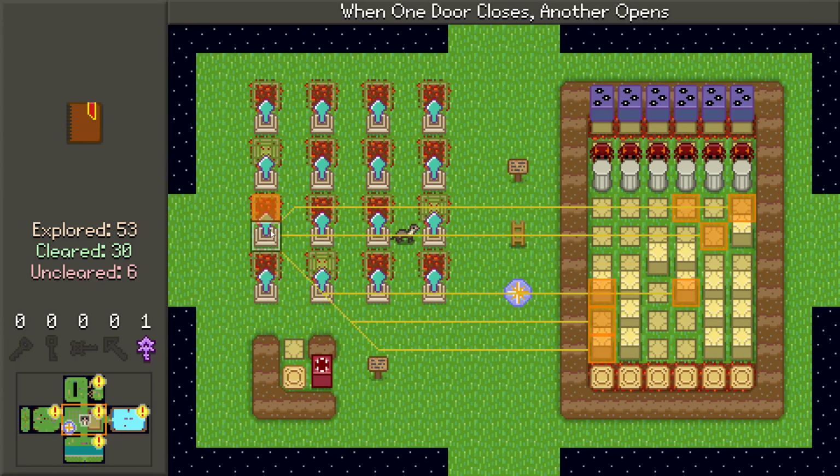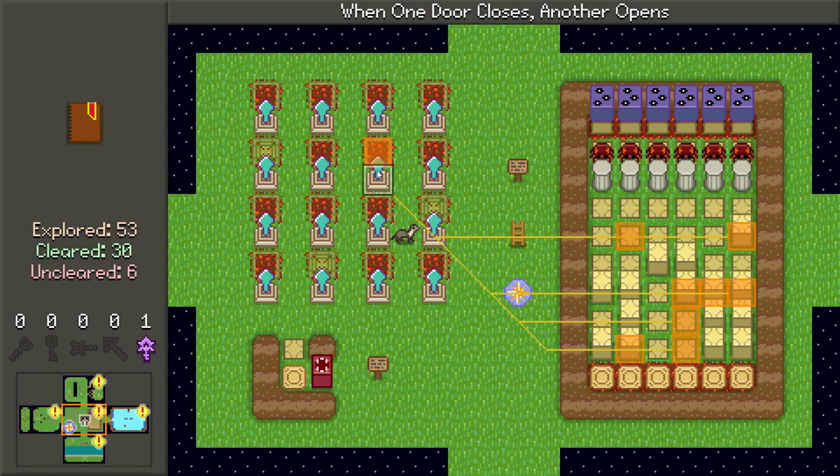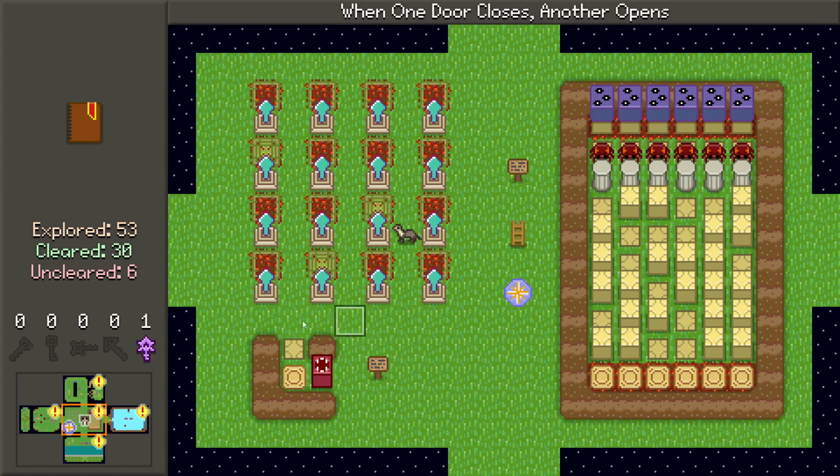Is there a single switch that would resolve column 1 right now? No. Is there a single switch that would solve column 1 right now? Not quite.